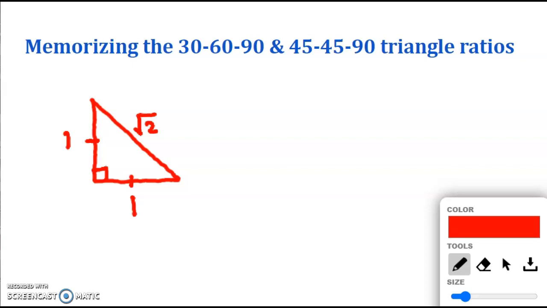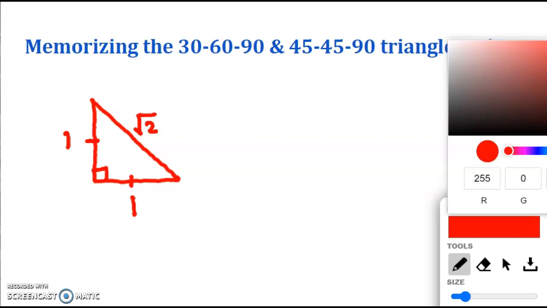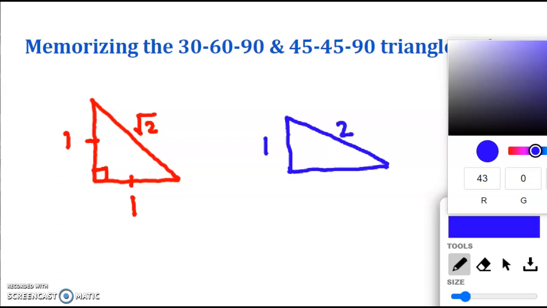Then you are going to draw another triangle, and this time, again, draw it approximately so that it does not look like an isosceles triangle. One leg has the measure of 1 unit and the hypotenuse has 2 units.